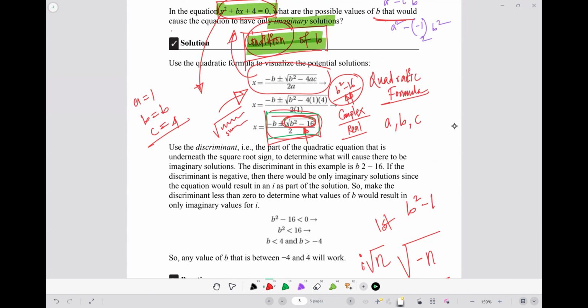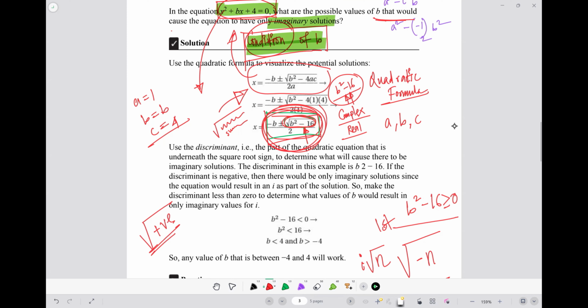Because the number under the hood of the root needs to be positive. Otherwise, it's not possible to tell that. The only way to get a real number is for the term under the root to be positive.